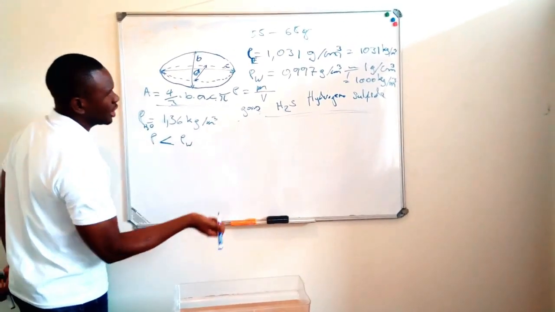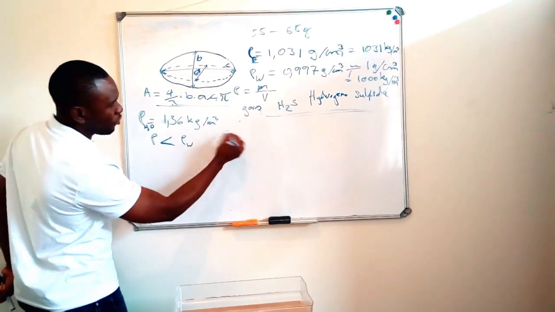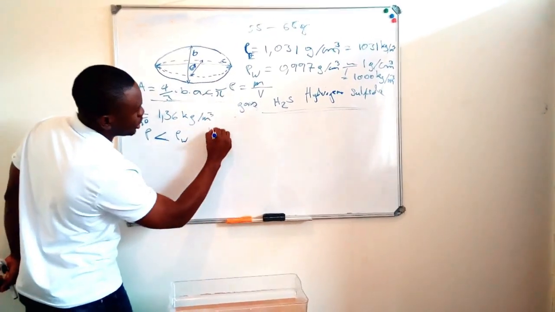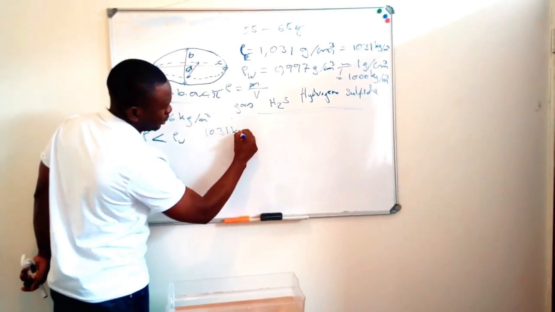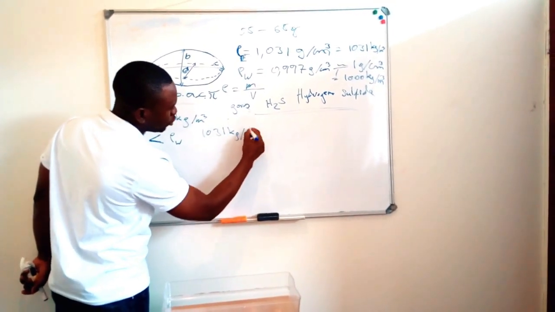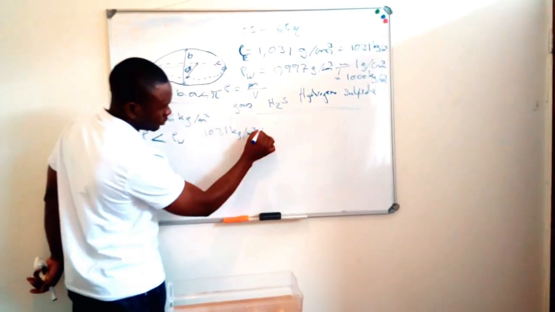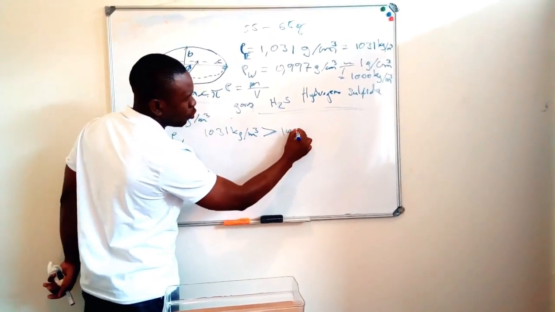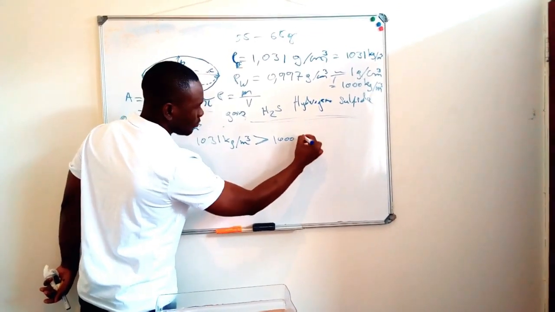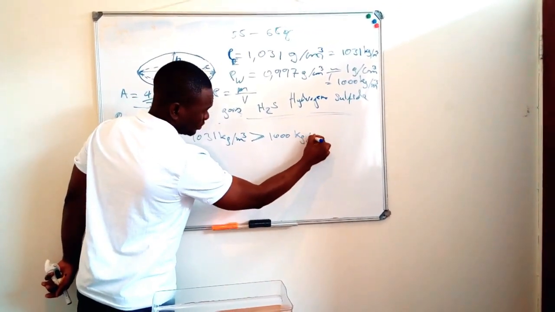What's happening is the density of a fresh egg, which is 1031 kilogram per meter cube, is above the density of water at normal temperature.